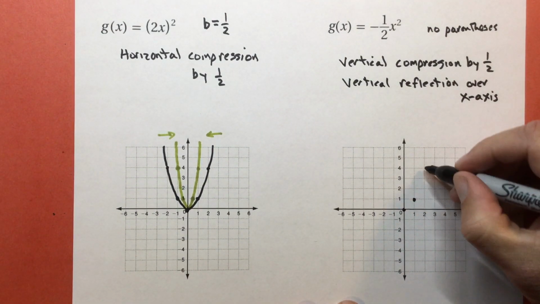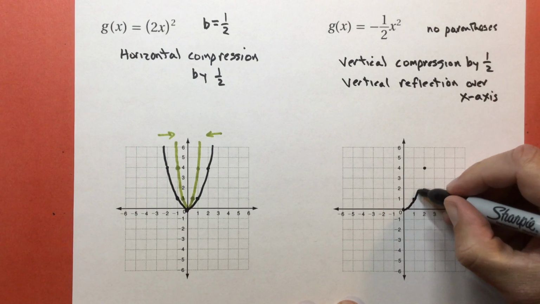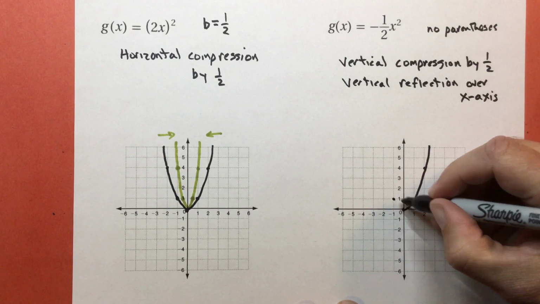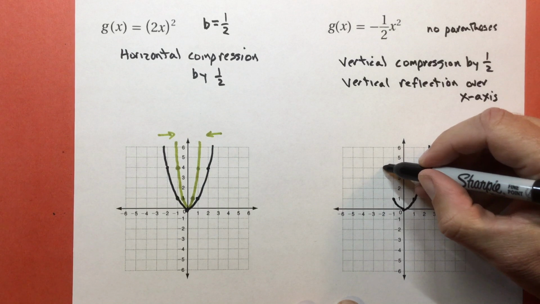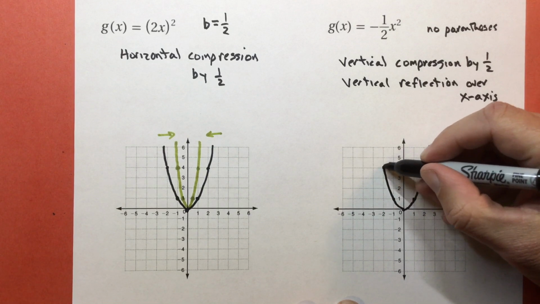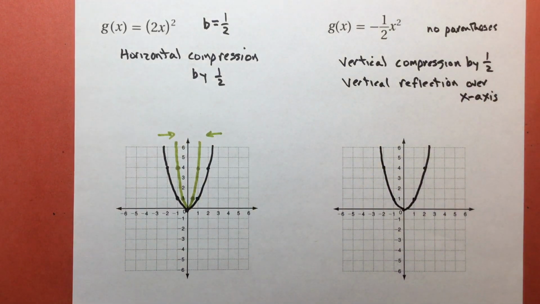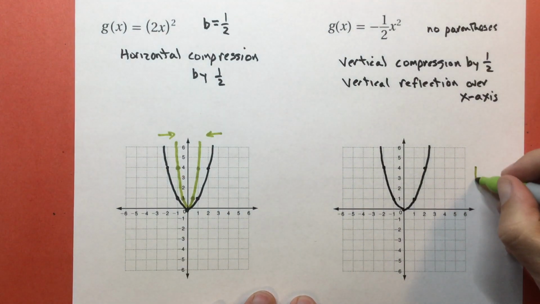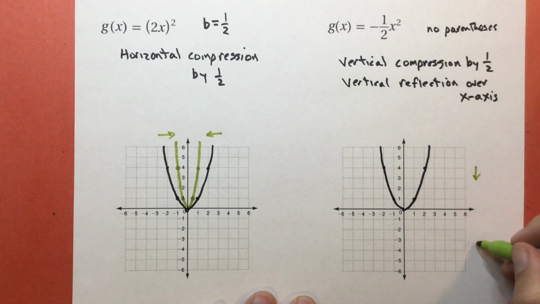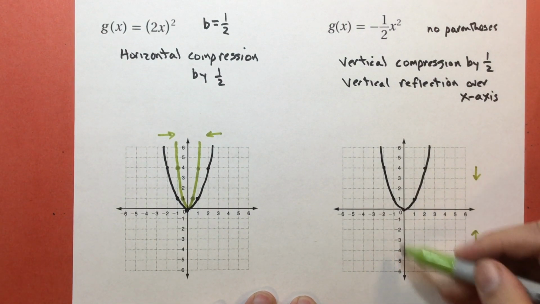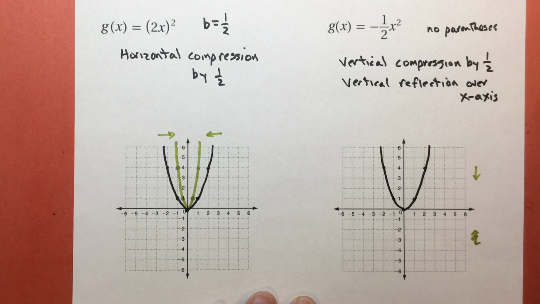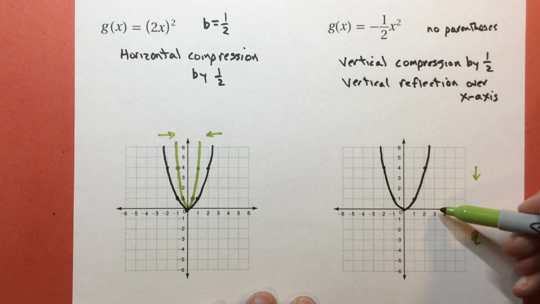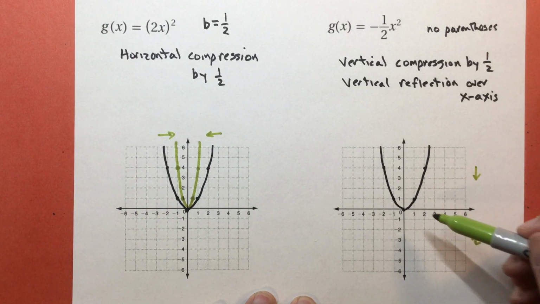So one more time, here's my parent function. At this point, I'm probably getting pretty good at that. So I'm going to squeeze all these things down this way, and I would go this way also, except I don't have a part of the graph down there, so you can ignore that. I'm going to squeeze it down toward the x-axis, and then I'm going to flip it.